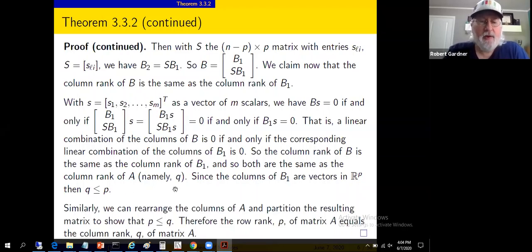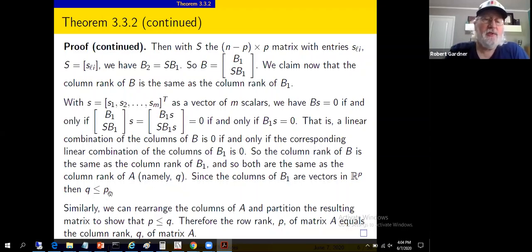We could interchange roles here. We could also consider transposes. We had a real angle of partitioning up rows, but we could rearrange the columns of A and create maybe a C1 and a C2 side by side, partitioning up the columns of matrix A, and do the same type of argument, ultimately drawing the conclusion that P is less than or equal to Q as well.